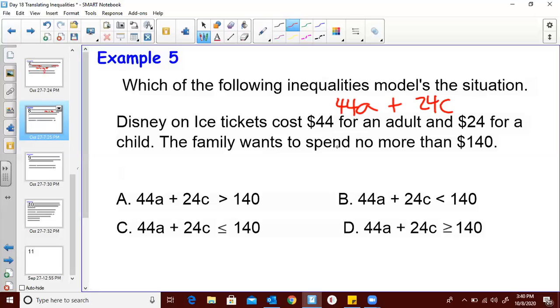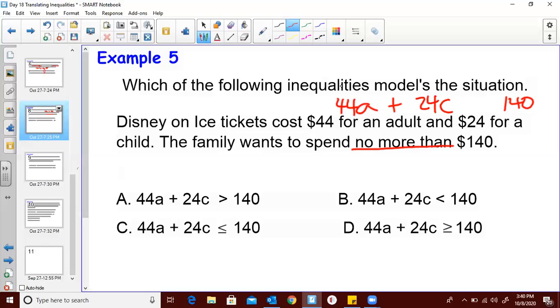All right. Now the family wants to spend no more than $140. So my questions to you are, can they spend $130? Of course they can. Yes. Can they spend $150? No, because they do not want to spend any more than $140.